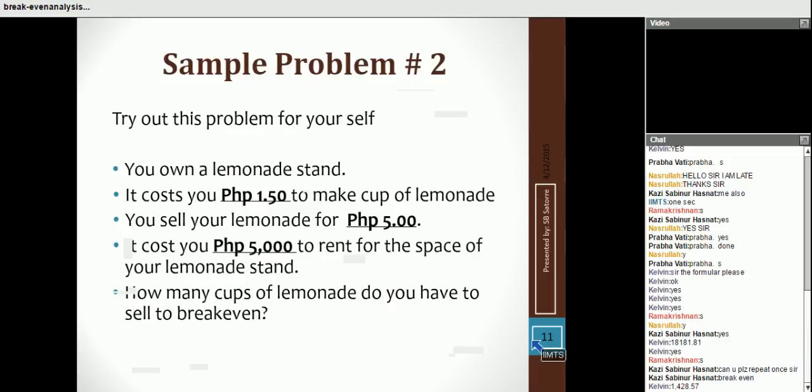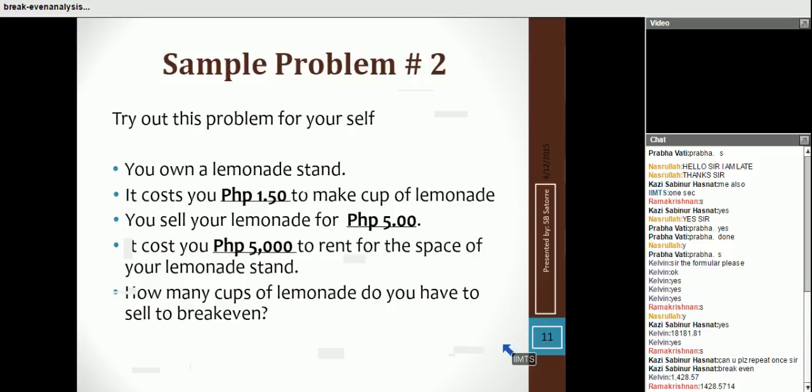Athiya, Prabha, Ramakrishnan, Kazi. You have to use that same formula. Nazrullah, Satish. Quickly, everyone. It's a very easy problem. Okay, Ramakrishnan also says 1428.5714. Okay, we will check it shortly.